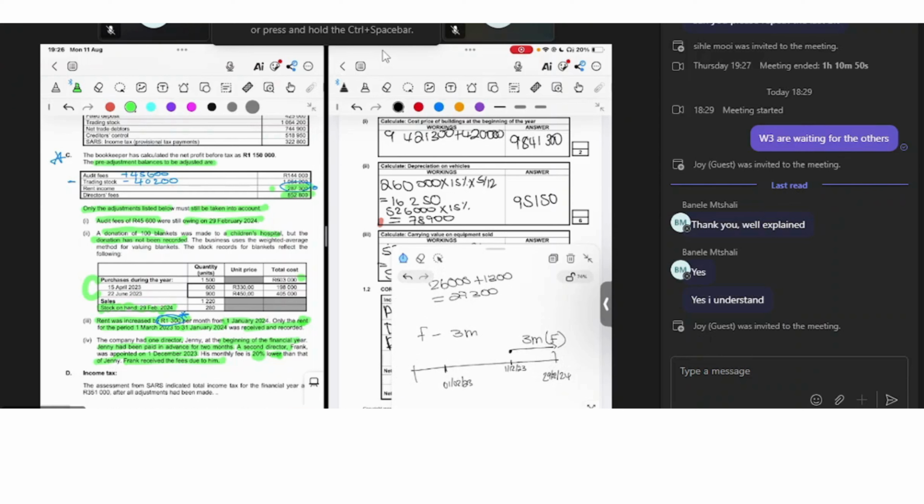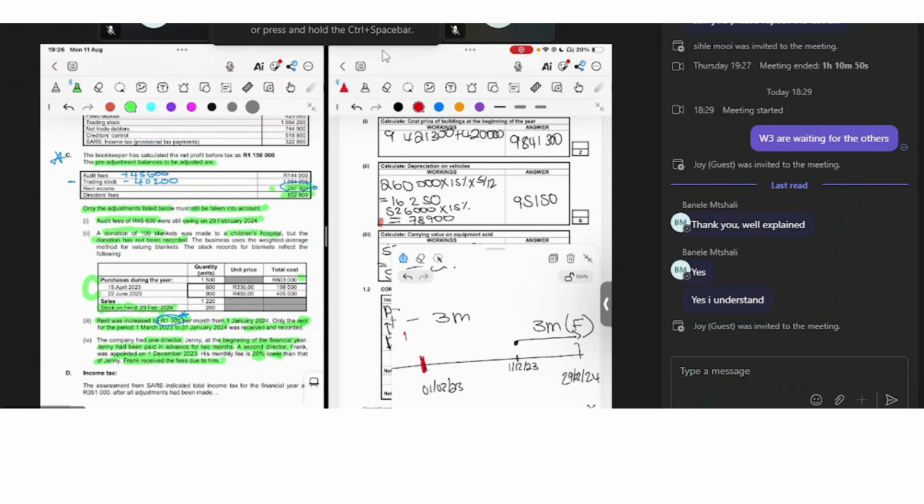Now, what they're telling us concerning Jenny is that Jenny received 2 months in advance. From the previous year, meaning the year that ended on the 28th of February 2023, they paid 2 months in advance, meaning these 2 months, March and April, were already paid in the previous year.